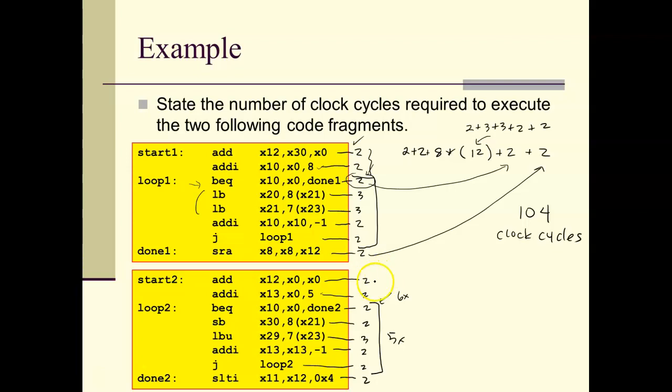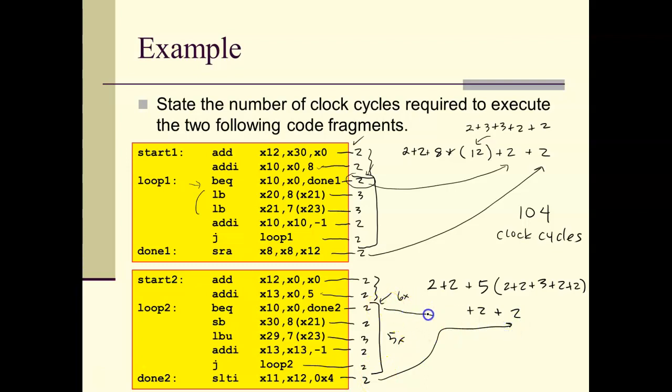We have these 2 here, 2 plus 2, and then 5 times, the iteration count, 2 plus 2 plus 3 plus 2 plus 2, plus the extra one here, plus 2 and plus 2, which is this bottom one here.